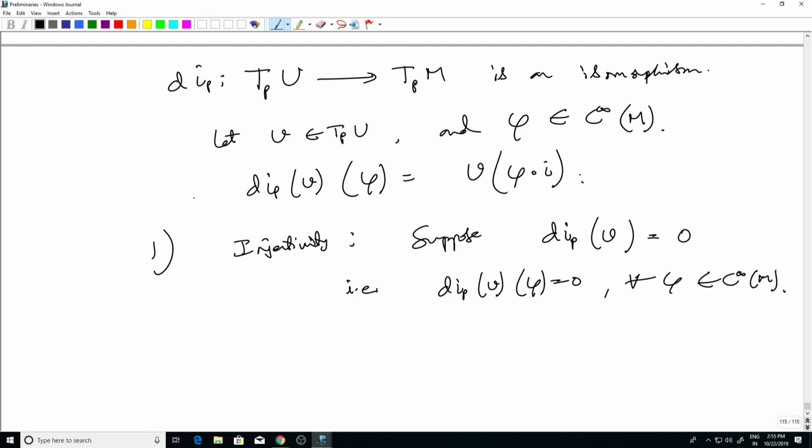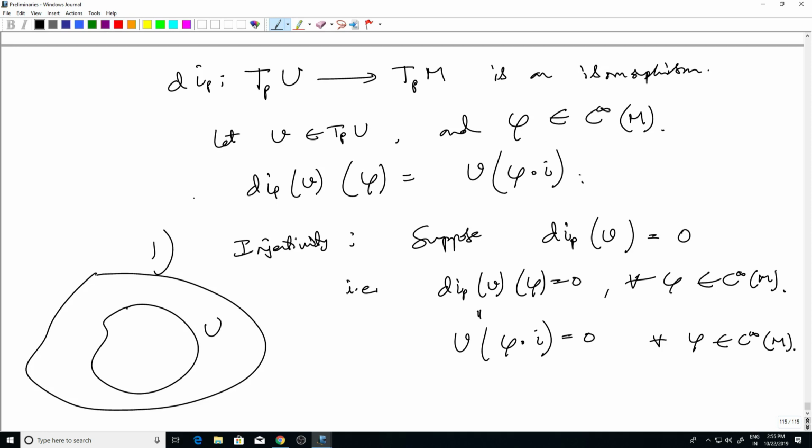So now this is by definition what I've written here. This is equal to V of phi composed with I is equal to 0 for all this phi in C infinity M. So in other words, if I take a C infinity function, here's U sitting inside some big manifold M, I'm starting with a C infinity function on the big manifold, restricting it to U, and then I have the property that V acting on such a function is 0.